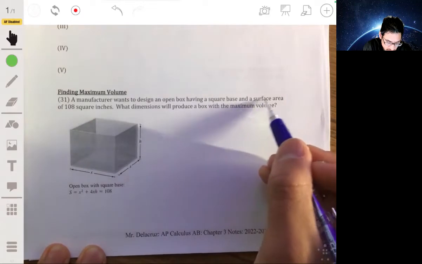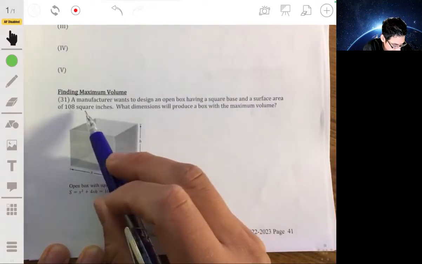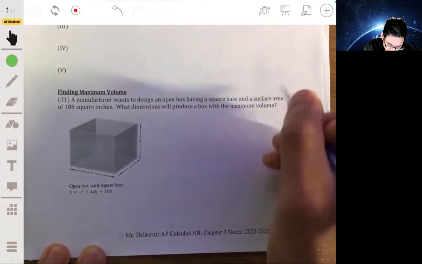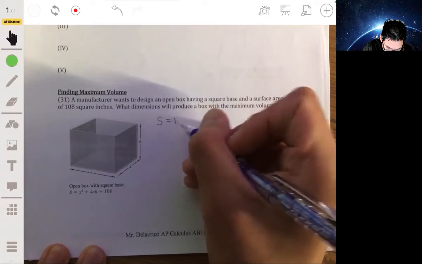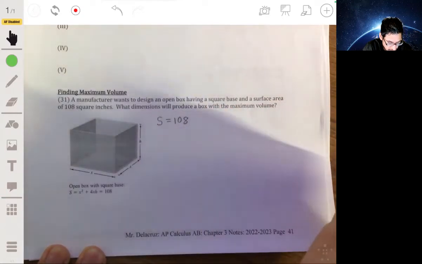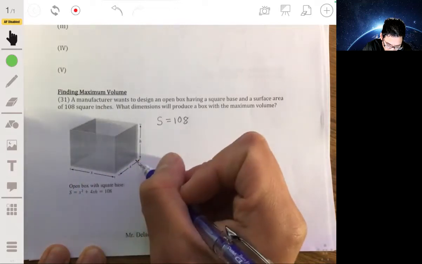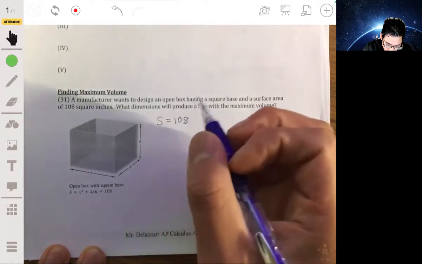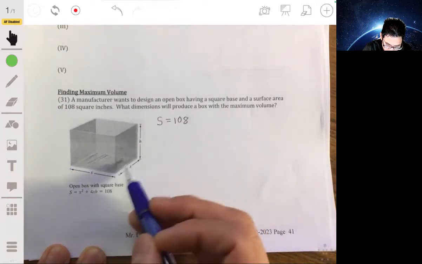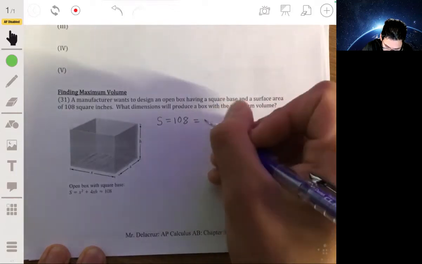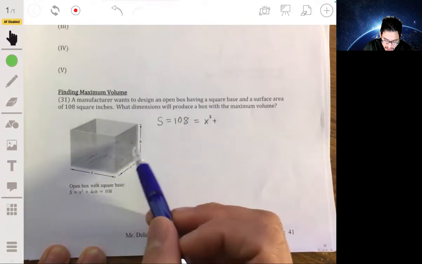And we're given a restriction. We're given that the box has a surface area of 108 square inches. So let's start with that. Let's make surface area S, and let's make that equal to 108. Now, if our box has dimensions x by x on the base, with h as the height, then surface area would be the area of the base, which would be x squared, plus the areas of the sides.